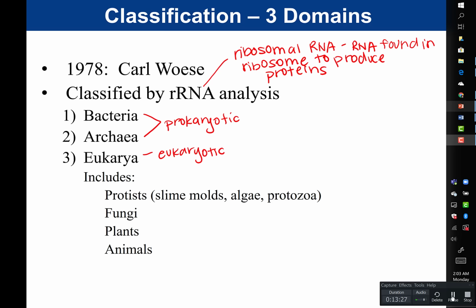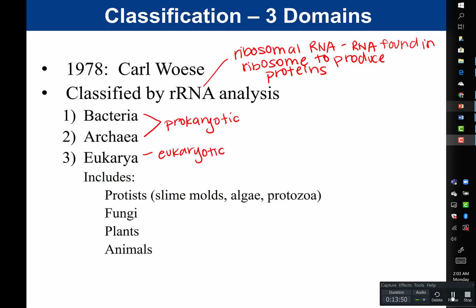And so historically, we've had this 4-kingdom system: Protists or Protista, Fungi, Plantae, plants, and Animalia, animals. Those were typically, classically, our 4-kingdom system. However, this system is constantly changing and evolving.